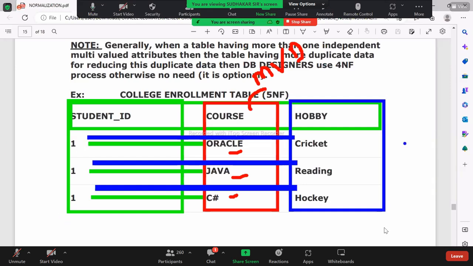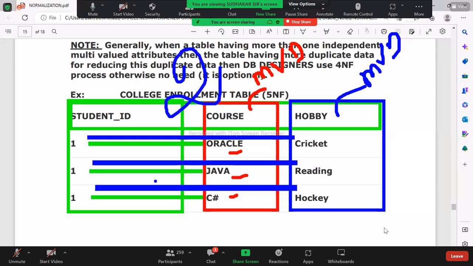That means, can I say this is also a multi-valued dependency column? Yes or no? Yes. So now tell me, in this table, how many multi-valued dependency columns are there? 2. Okay, sir, 2 is there.